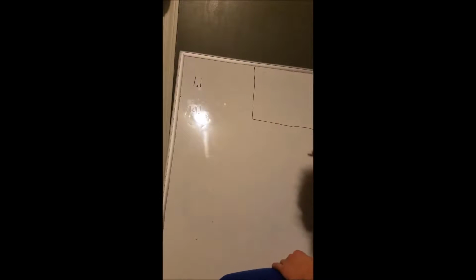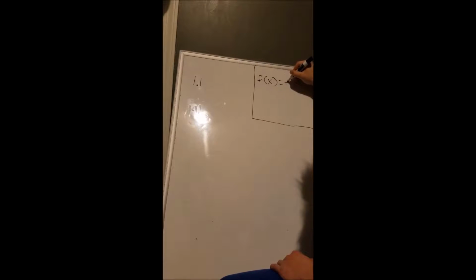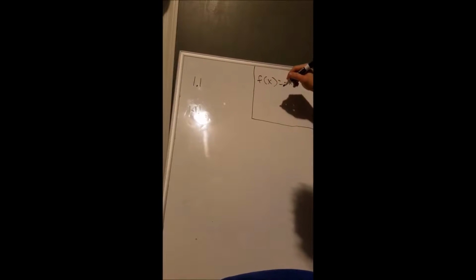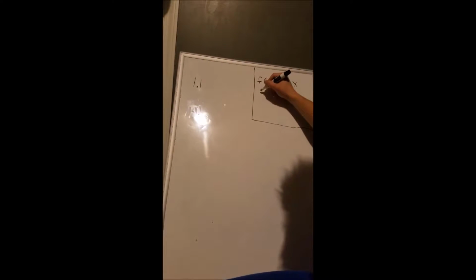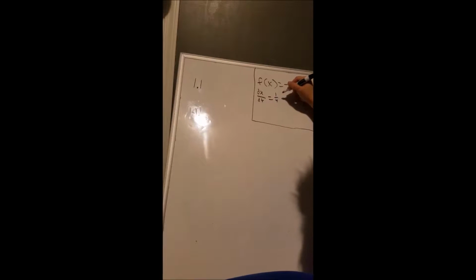So for our original problem, we have f of x is equal to negative kx. And then we know for part A that the constant rate of change, which would be dx dt, is equal to 1/4 inch per second.